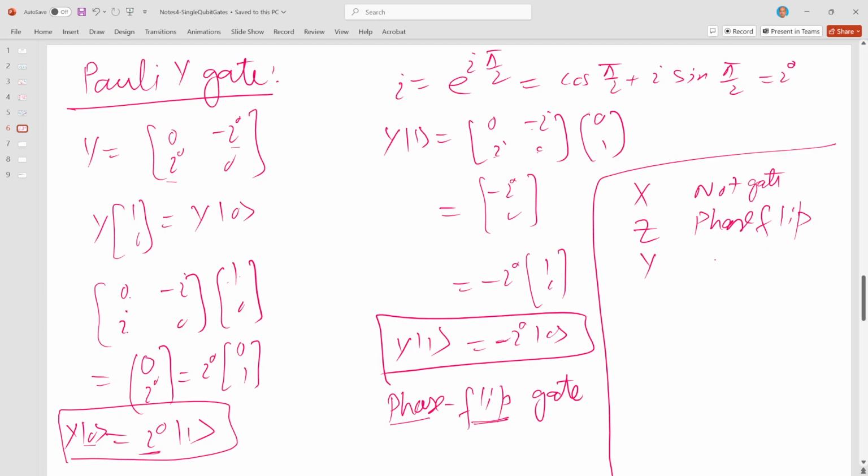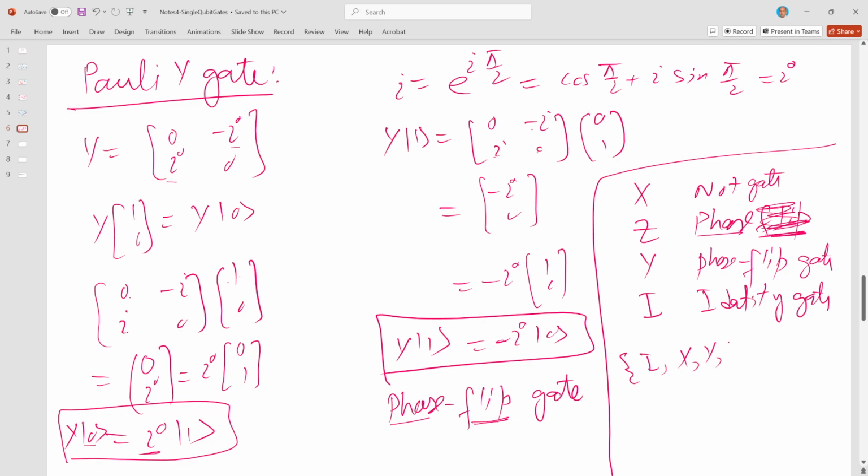So this is sometimes called phase and flip gate. So this, by the way, is sometimes only called phase. So this flip can be reserved for the Y part, and then we can also potentially think about the identity gate, which does nothing. So this set of 4 gates is called the Pauli gate set, and these gates are called Pauli gates.